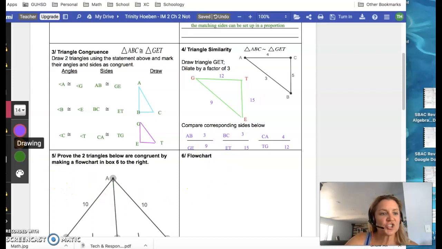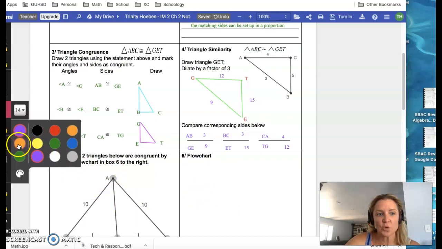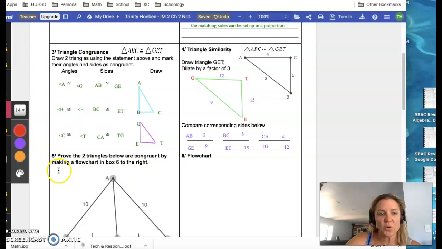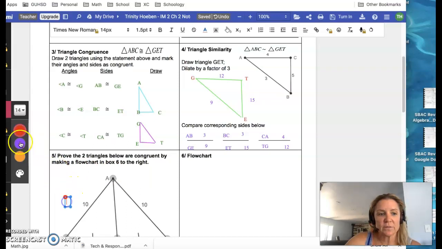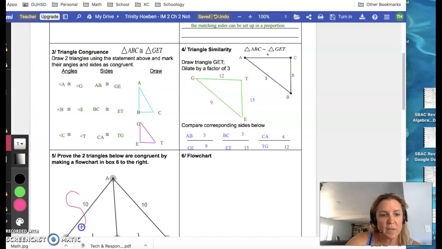All right, question number 5 and 6 is a flow chart. We do not need to do those. We can skip those. So I'm going to use the pencil and write skip.